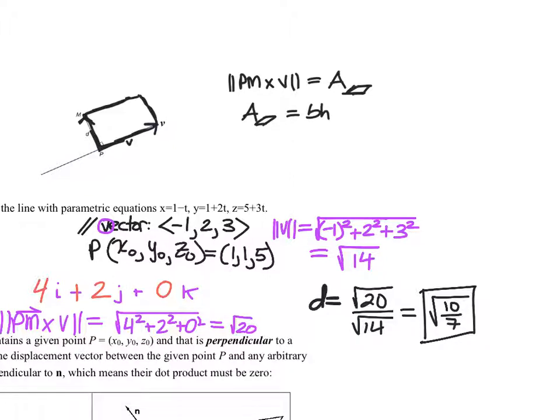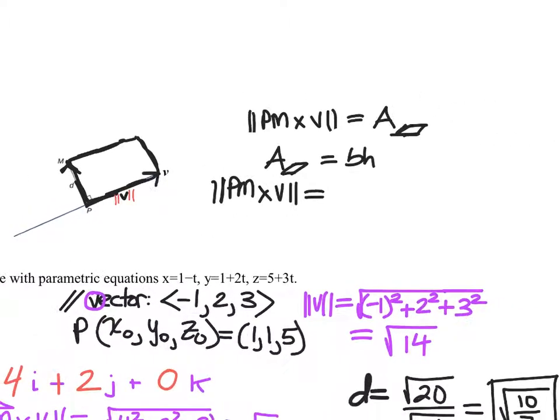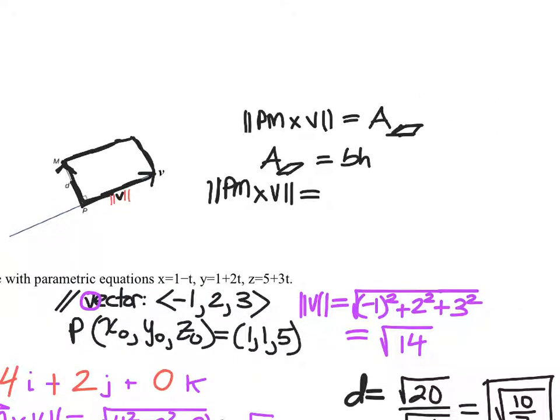So I'm saying that PM crossed with V would be equal to the base times the height. Now the base here can be thought of as the magnitude of vector V. The height can be thought of as the magnitude of, well, we're calling it D, but it's really the magnitude of PM. All right, so I'll just write magnitude of PM.